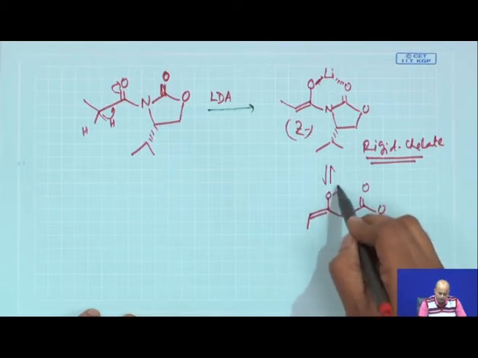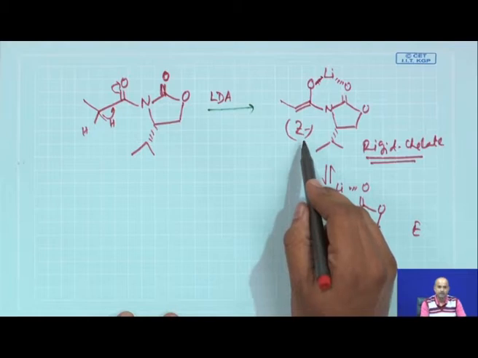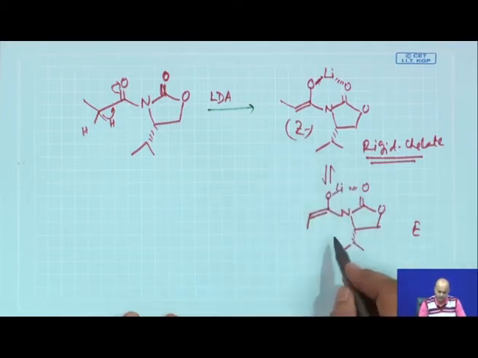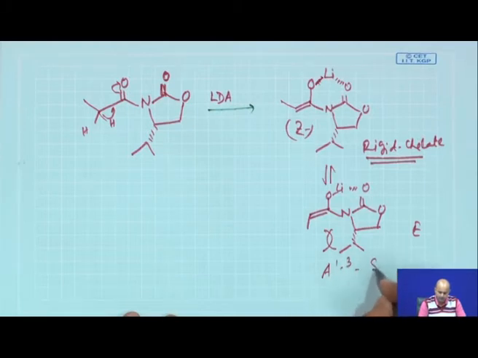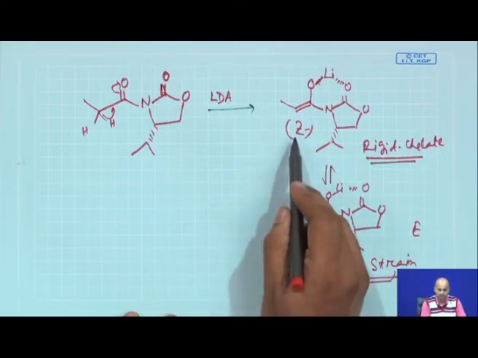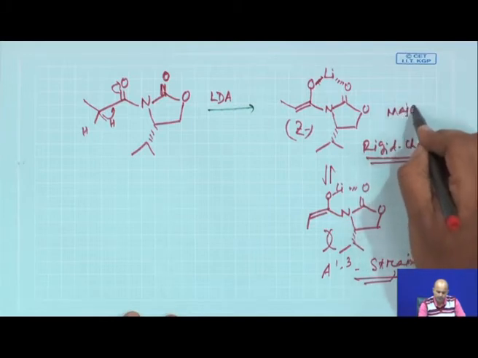Normally Z enolate forms in a predominant fashion, because in case of E enolate you have a severe allylic 1,3 strain. Allylic 1,3 strain, if you are familiar, you can understand. So, allylic 1,3 strain basically makes your Z enolate the major enolate.